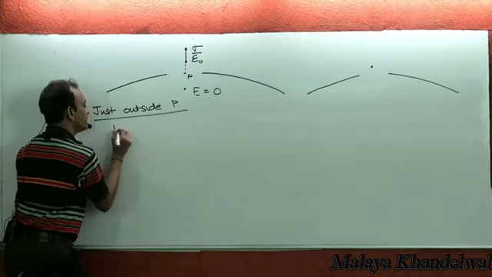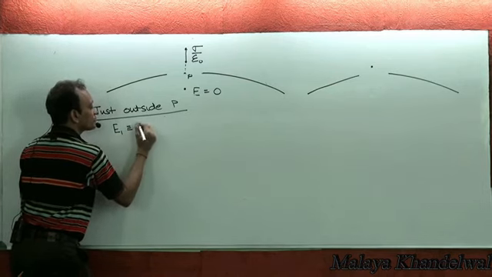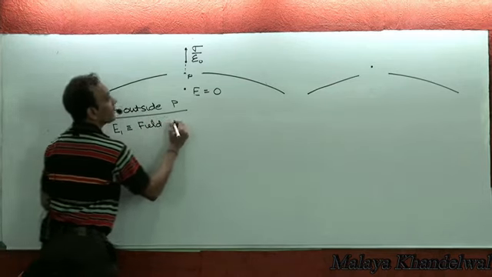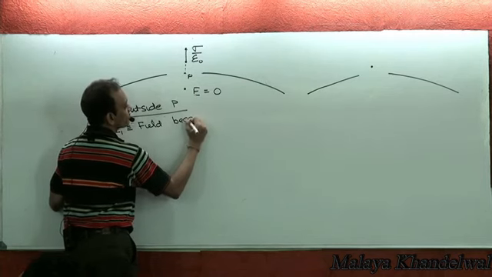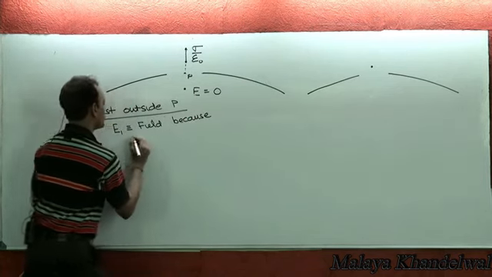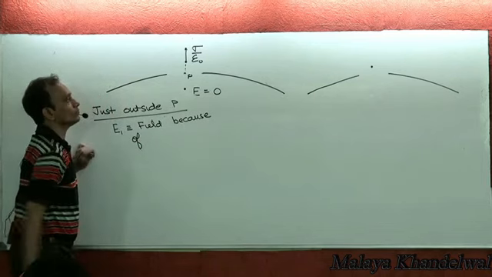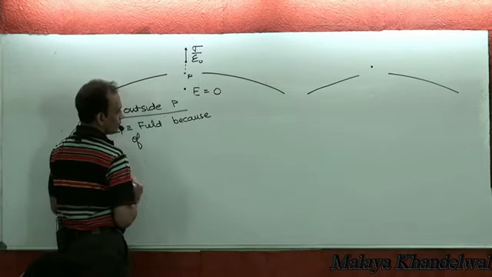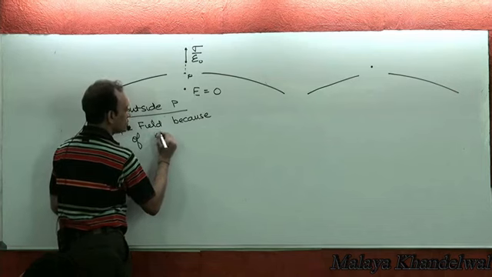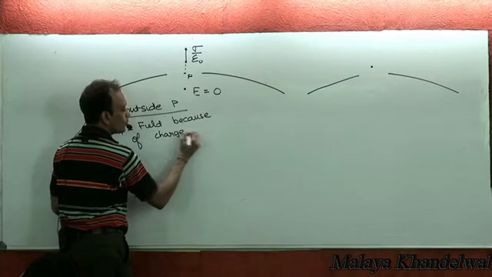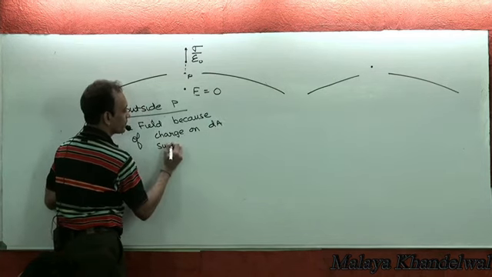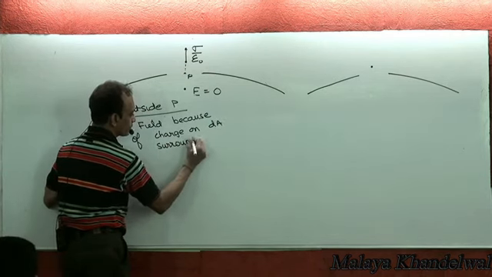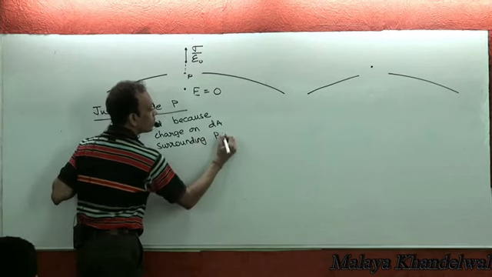we have electric field E1, which is field because of charge on dA surrounding P. How much is that charge?